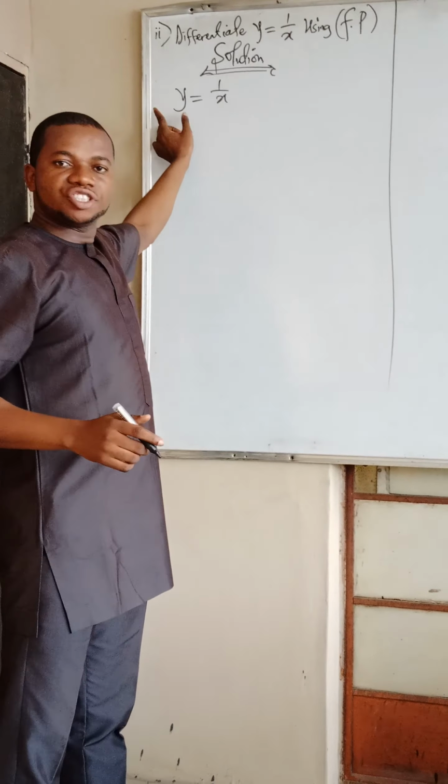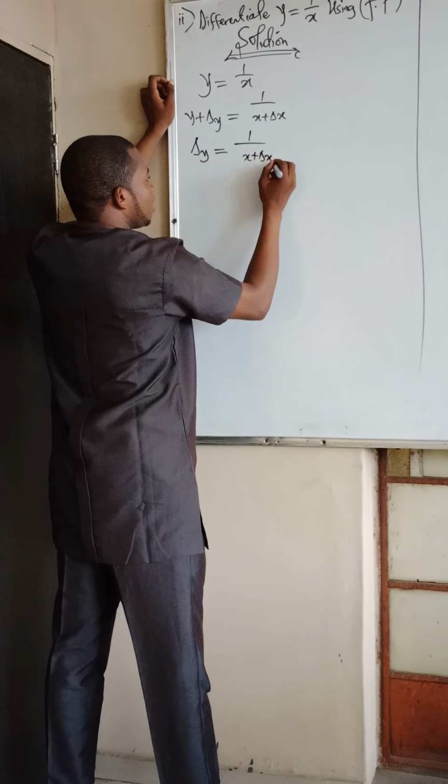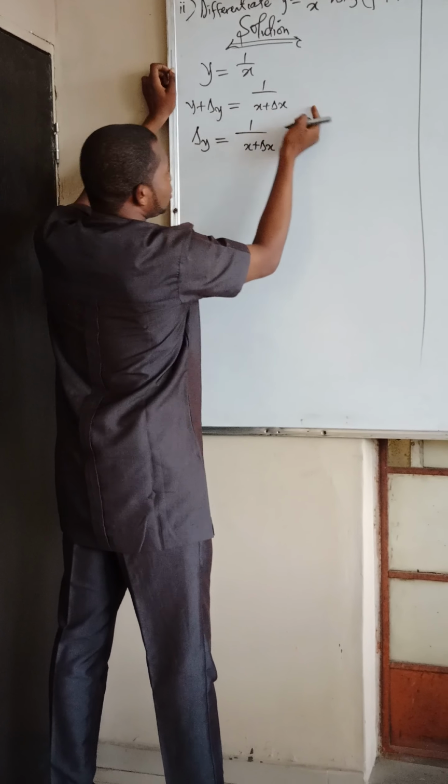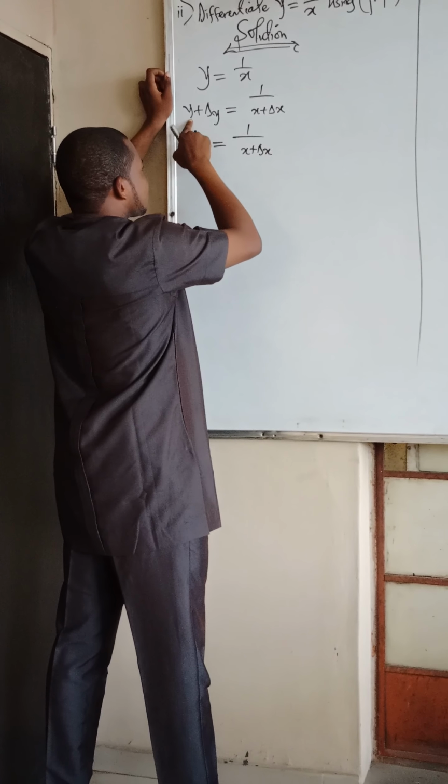So from here, I'm going to transfer my y to the right hand side of the equation, leaving my change in y. So I have my change in y is equal to 1 over x plus change in x. So this y coming to the right hand side of the equation, the equality sign alters the sign of this y.